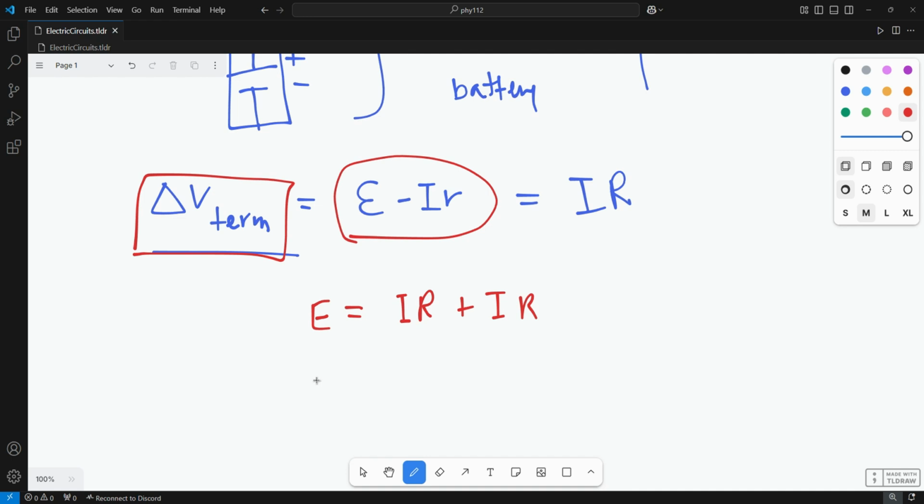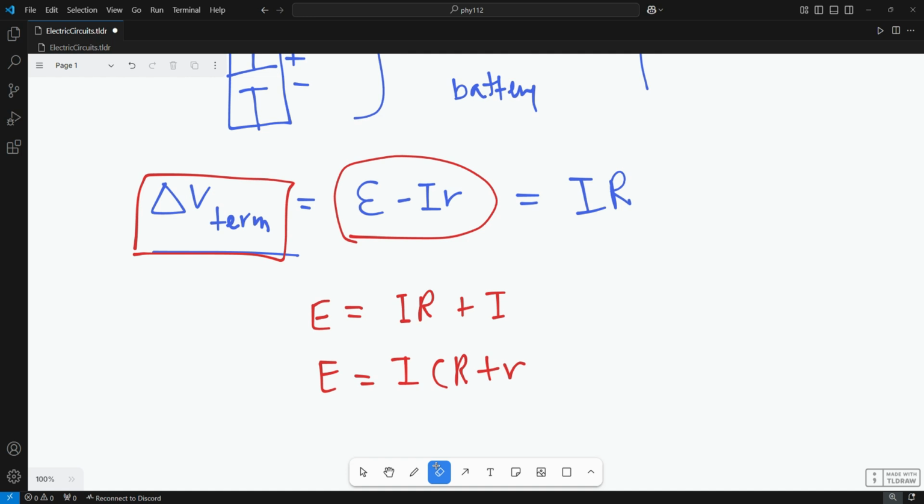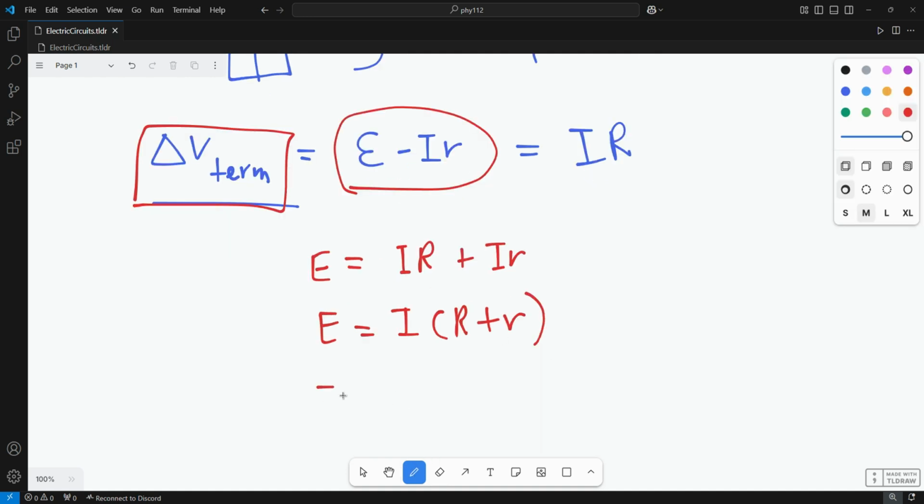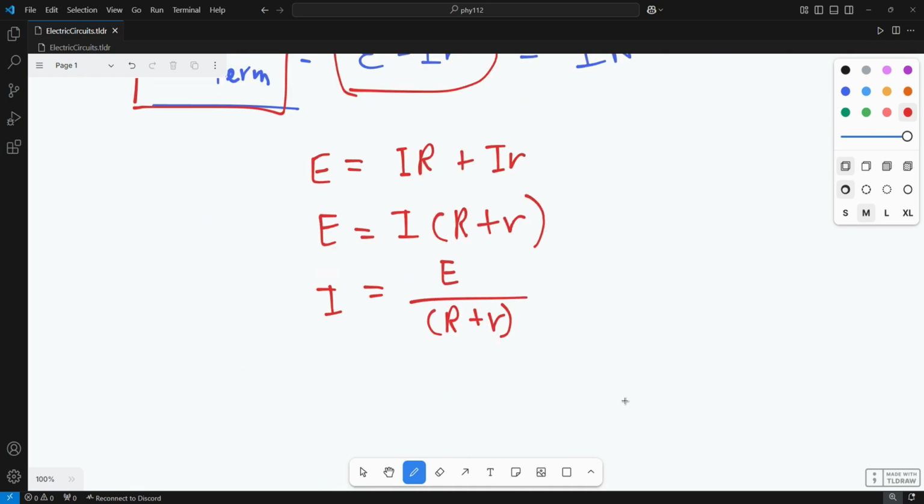If we take I common, we can write E equals I times big R plus small r. And we can find the current equals the EMF divided by the resistance of the circuit plus the internal resistance of the battery.